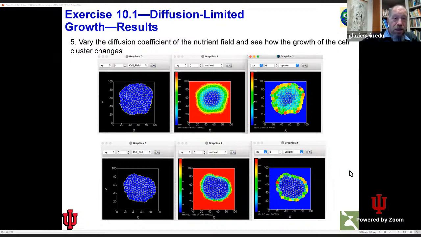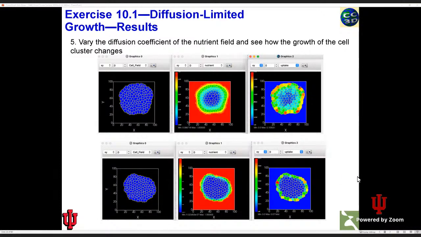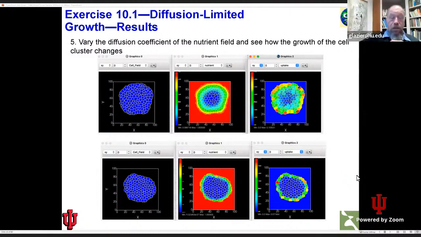Just as a sanity check for people, maybe Josh. One of these two has a higher diffusion constant than the other. The upper row or the lower row? Which has a higher diffusion constant? So if I remember, the diffusion constant is inversely proportional to the time it takes to diffuse, correct? Right. And the diffusion length goes which way?